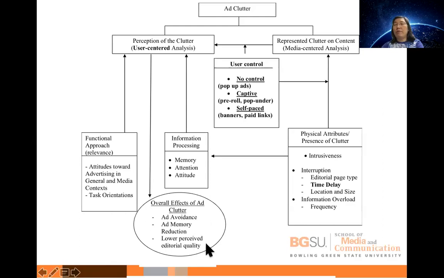They also have a lower perceived quality of the editorial content. Like if your TV program has too many commercials or the magazine has too many advertisements, they may see that your quality is not that good, or it may lower the perceived credibility of the content due to commercialization.